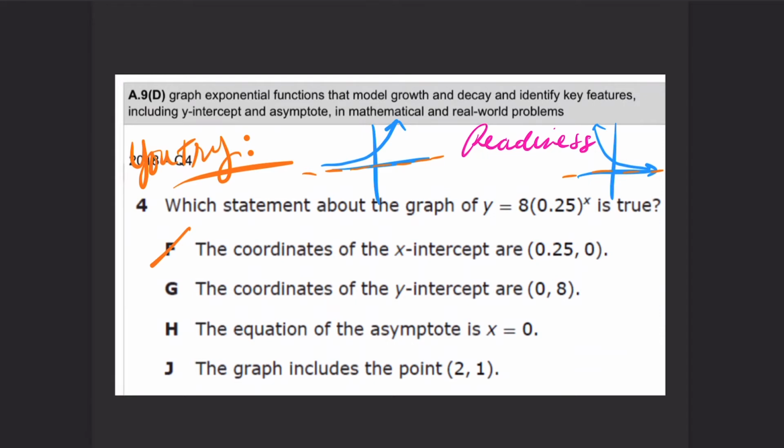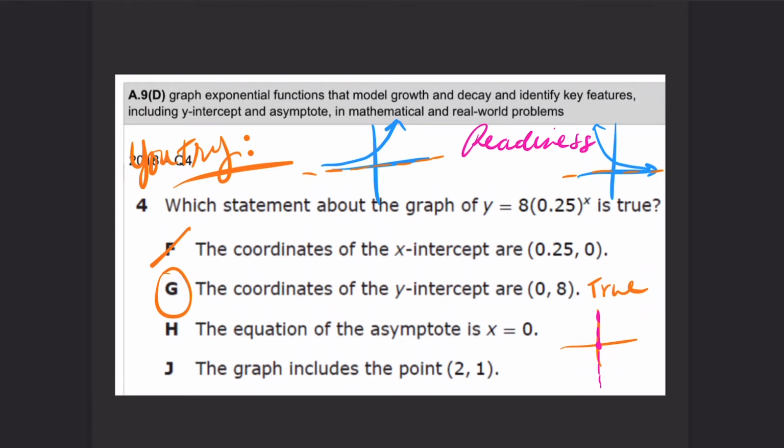Now the coordinates of the y-intercept are (0, 8). As you can see, the y-intercept, or the a value, is 8. So that is correct. Our answer is G. But let's look at the remaining answer choices just to review. The equation of the asymptote is x equals 0. Remember, x equals 0 is a vertical line crossing the x-axis at 0, which is this pink dotted line, and that's not correct.